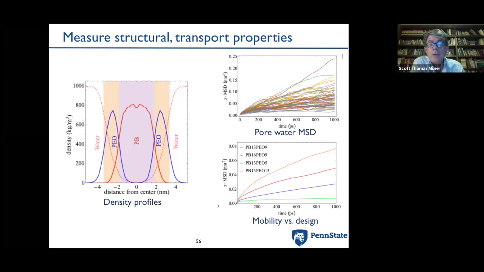And so changing the design, it turns out, makes quite a big difference in how readily water diffuses in that pore. And this is only the beginning of the story, but just an indication of the kind of thing that you can do with simulations and mildly clever self-assembly techniques, as well as techniques for measuring quantities on the nanoscale.